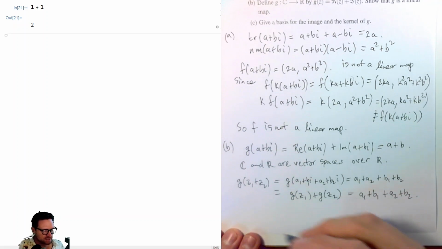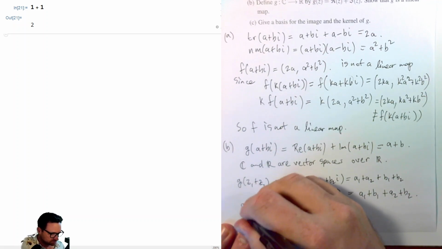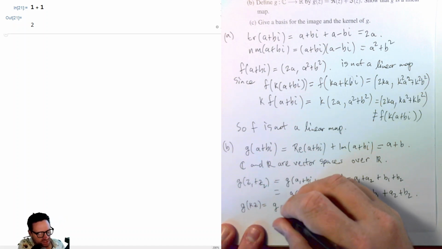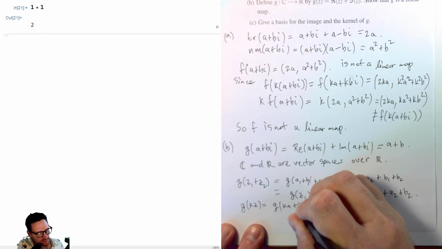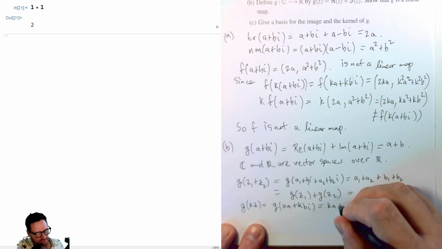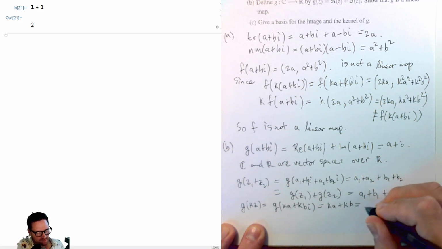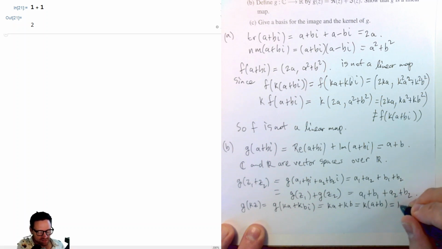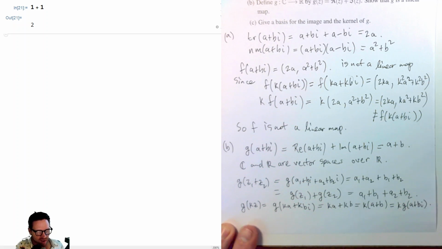Okay, so now for the scalar multiplication property, G of K times Z is G of Ka plus Kbi, which is Ka plus Kb, which is K times A plus B, and that's K times G of A plus Bi. Okay, so G is a linear map.